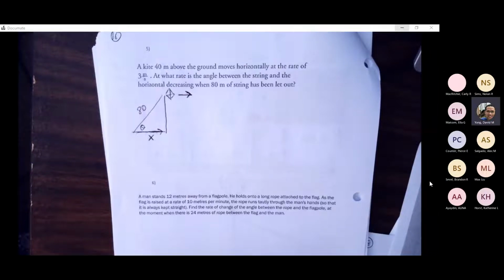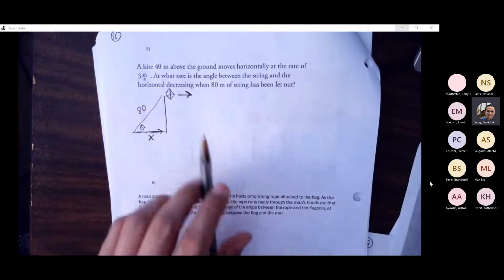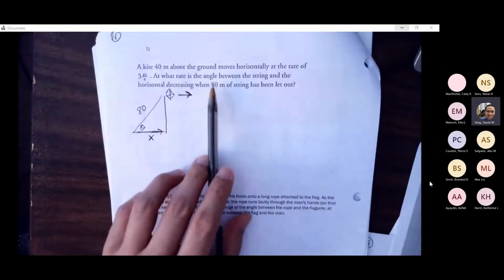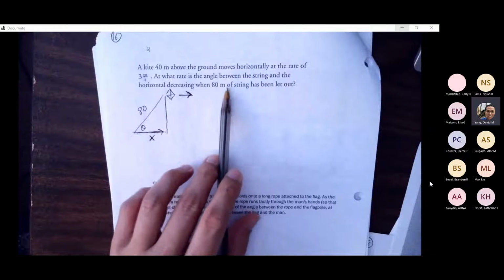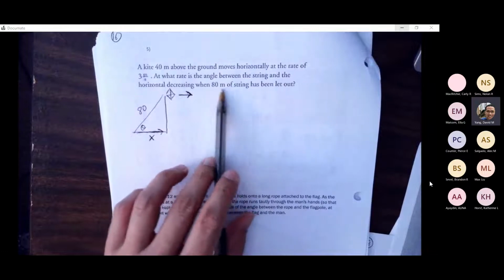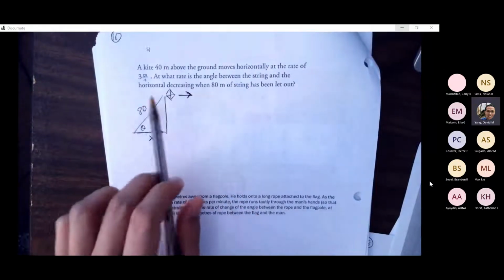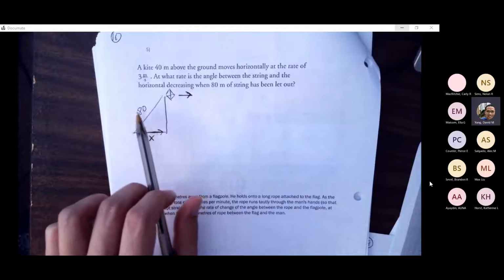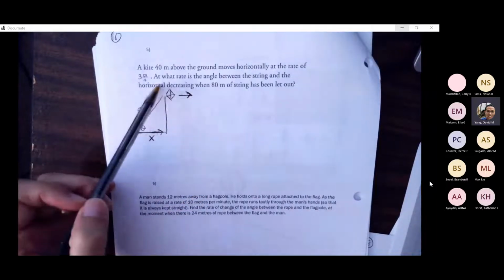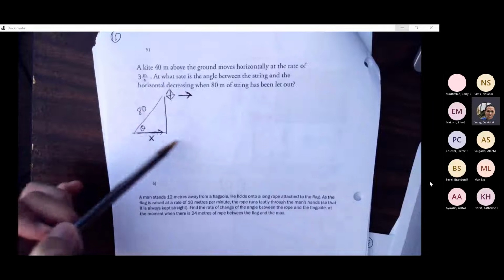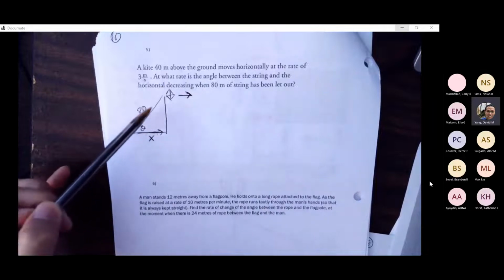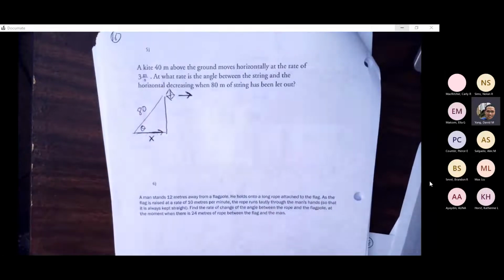One thing I have to make sure of is that there's 80 meters of string being let out, but that is still a moving value, right? It's not going to stay 80 meters the entire time. The kite is moving, the string is moving, but we want to find this moment in time when that string has 80 meters of length out.